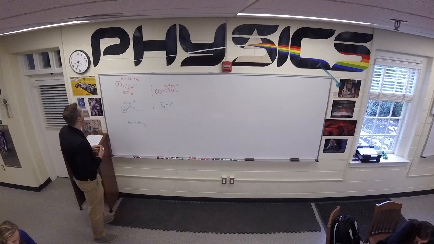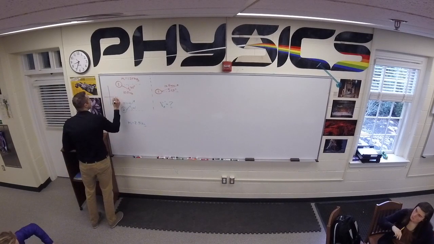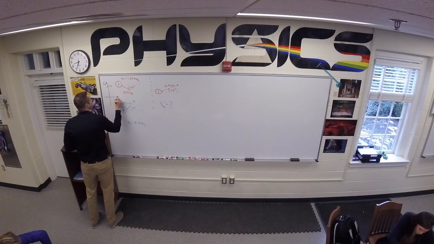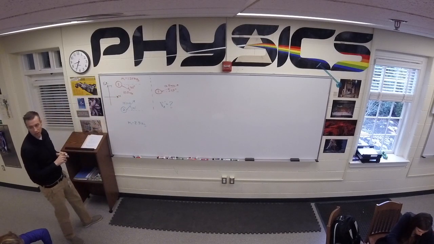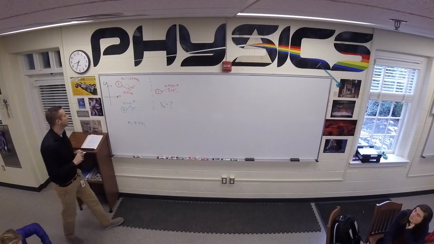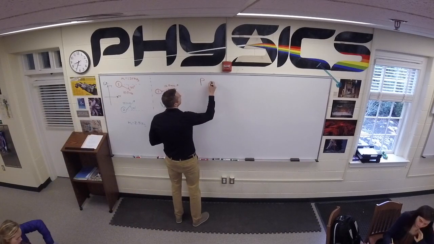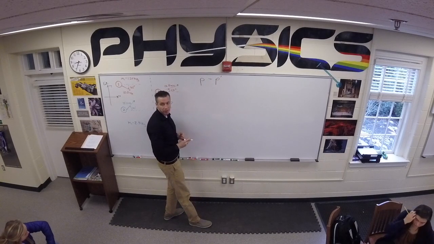All right, so what we are relying on is a two-dimensional frame of reference where I'm going to say up is positive y and to the right is positive x. We know that momentum of the system is conserved. P equals P prime.